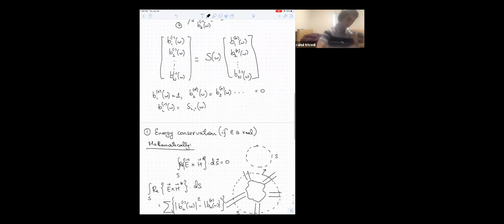Okay, so what this really means is that if you think of this entire thing as a vector, and this as a vector, the norm of the B minus vector is equal to the norm of the B plus vector, right? Where B minus is the scattering matrix S of omega times B plus.